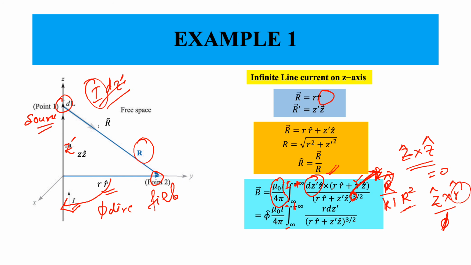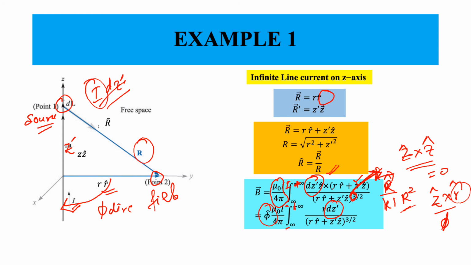In other words, phi is constant with respect to integration and can be moved out of the integral. r is also constant in this case because you are looking at a particular point. Only z prime is changing.